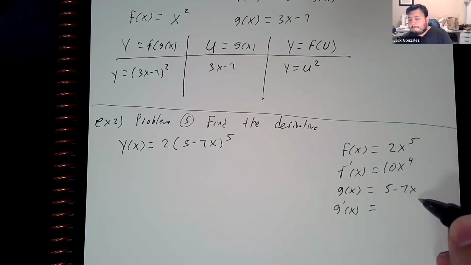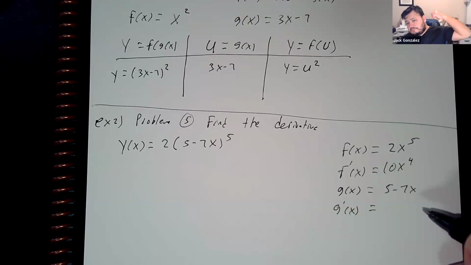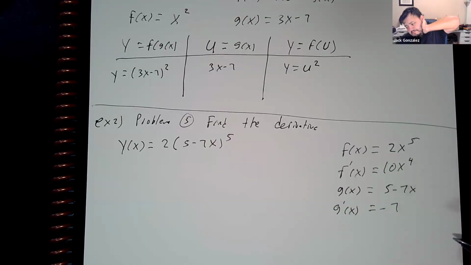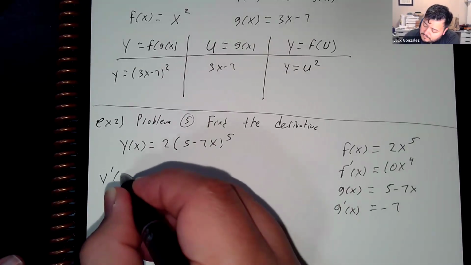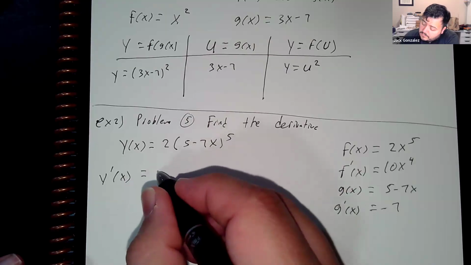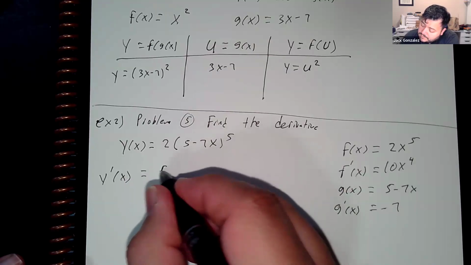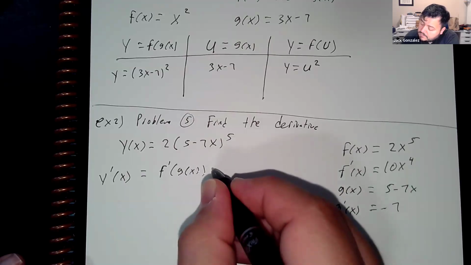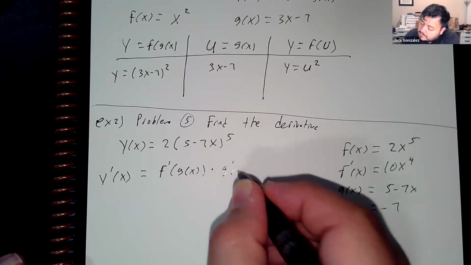And this one, would it just be -7? Yeah, that's it. So we said to find the derivative, we got to find the derivative of the outside times the derivative of the inside.